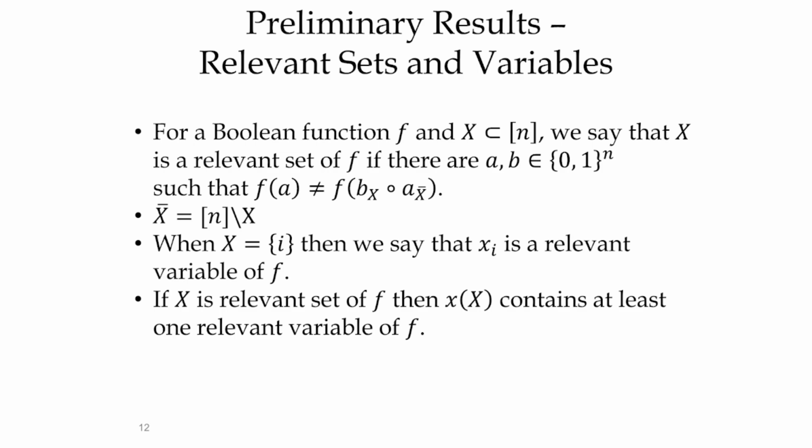So let's go over some definitions from previous results so we can understand this paper. For a Boolean function f and X ⊆ [n], we say that capital X is a relevant set of f if there are a, b, which are Boolean vectors with length n, such that f(a) is not equal to f(b_X concatenated with a_X̄).